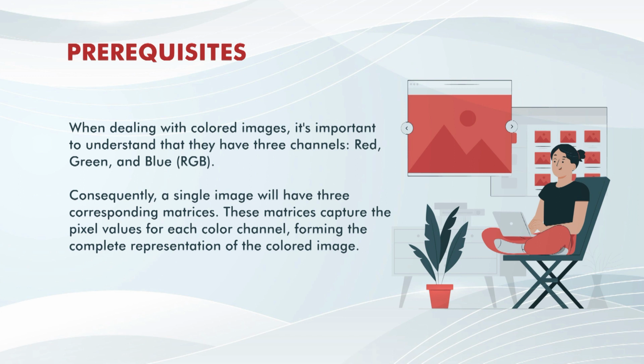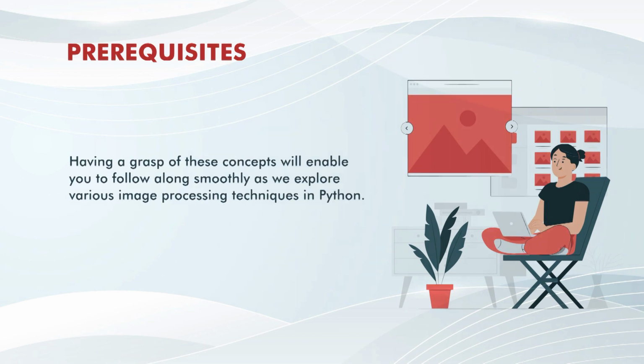These matrices capture the pixel values for each color channel, forming the complete representation of the colored image. Having a grasp of these concepts will enable you to learn along smoothly as we explore various image processing techniques in Python. Now that we have covered the prerequisites, let us dive into the exciting world of image processing with Python.